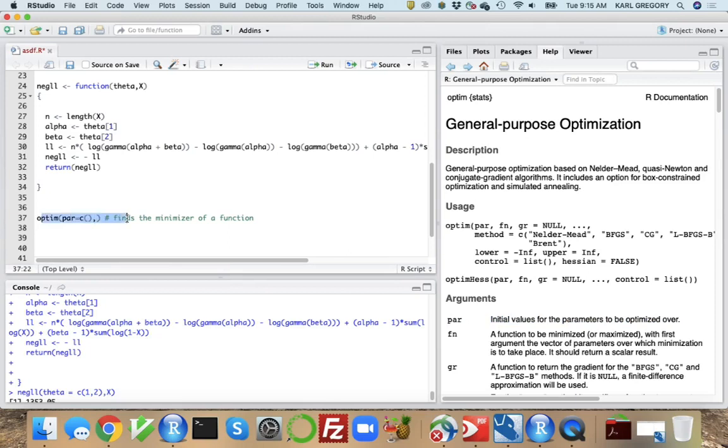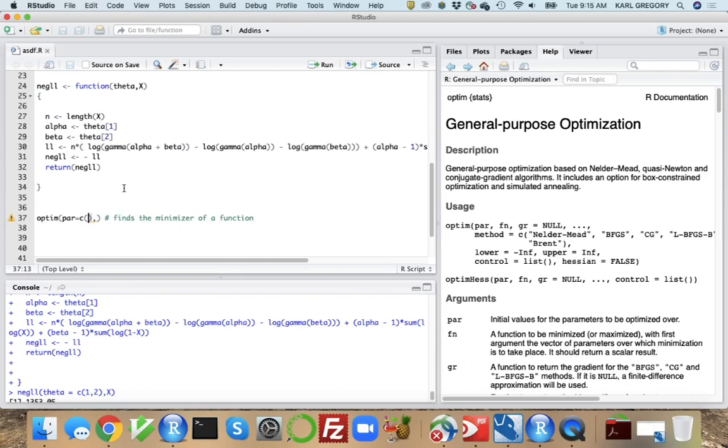So when I'm doing this numerical search for the minimizer of the negative log likelihood, a lot of these search algorithms require that I put in some initial guess, and then it's going to start from that initial guess and move around from it and search for the optimum.